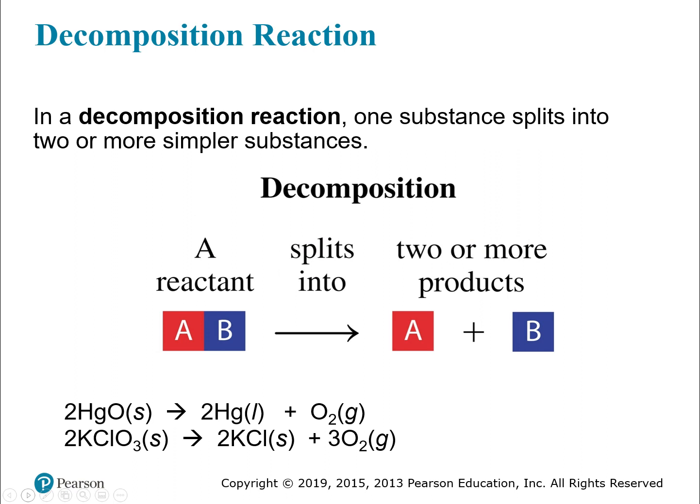In a decomposition reaction, you've got one reactant that is split into 2 or more simpler substances. I'm struggling with the word substances today. You have something that's complex, like in this example, you've got mercury 2 oxide. And it decomposes to make liquid mercury and oxygen gas.